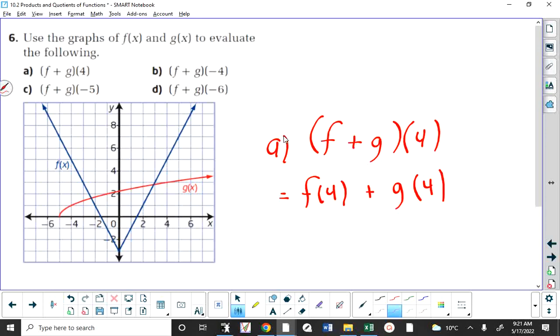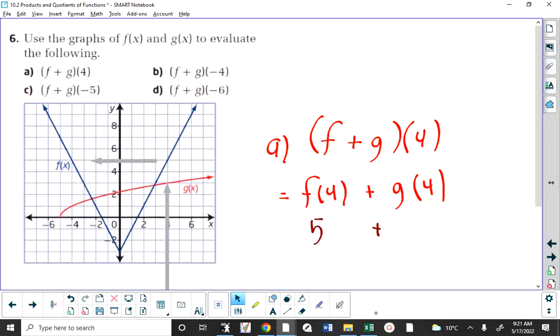So what you're going to do is look at x equals 4 and read the y coordinate on f. The y coordinate on f is 5. So that means f of 4 is 5, plus you're going to read the y coordinate on g. And you can see that the y coordinate on g is 3, so it's 5 plus 3.